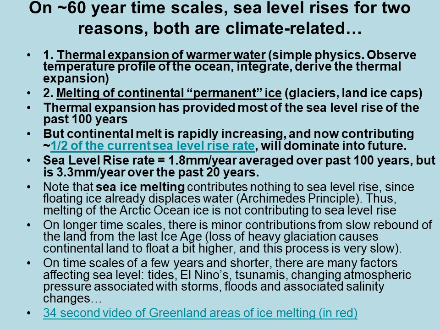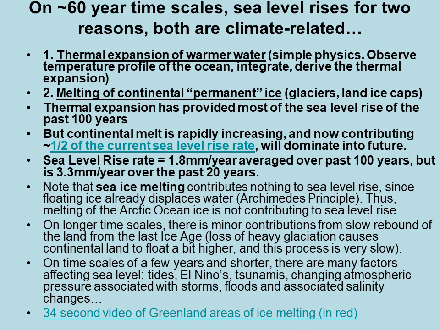So thermal expansion of warm water is one way in which sea level rises. We talked about that last time. The second and only other way that you can raise sea level is with the melting of continental or so-called permanent ice. So we're talking about glaciers, we're talking about the ice caps at Greenland and Antarctica.